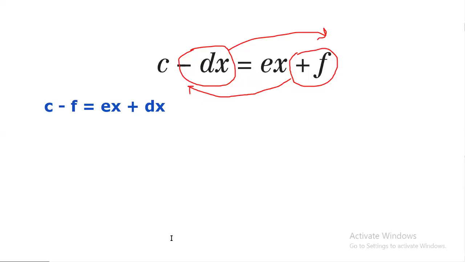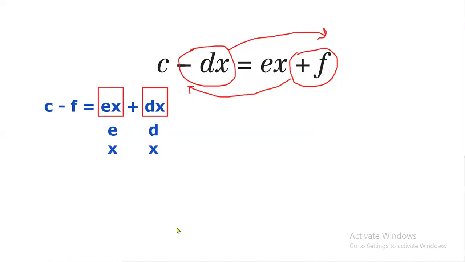Now when we factorize, it means we have to break down these elements. I'm going to break down this and break down this. So when you break down the first one, it's going to be ex like this. And when you break down the second one, it's going to be dx like this. And by that, you broke down each element into its prime factors.